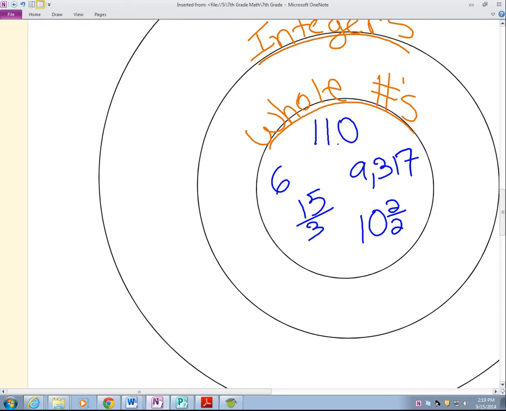Okay, is that all of them that we needed? No? All right. 5 of them? Yes, we're good. Now, how about the numbers below it that are not whole numbers, but they are integers and they are rational numbers? We are looking for integers.